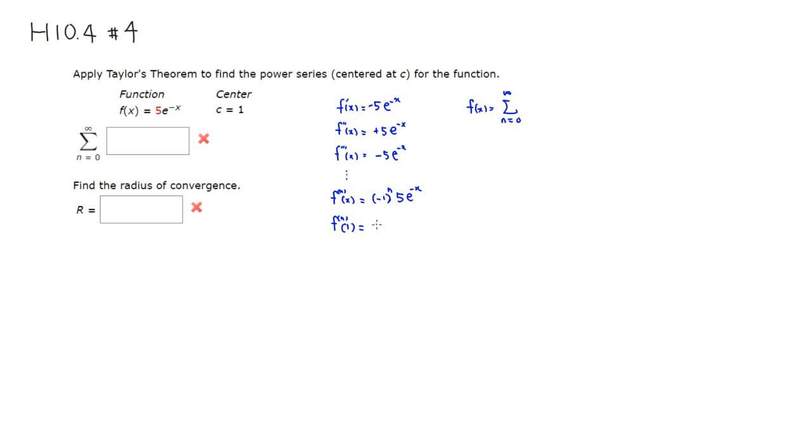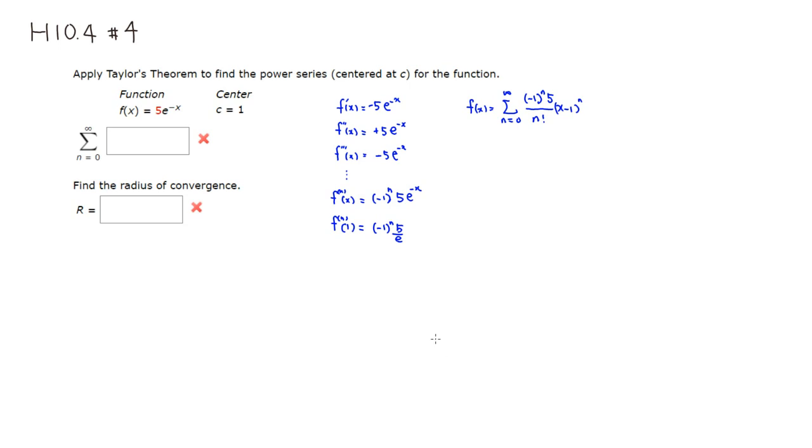So it's going to be negative 1 to the n times 5 times e to the negative 1, which we can write as 5 over e. So it's negative 1 to the n times 5 over n factorial, and then x minus 1 to the n.